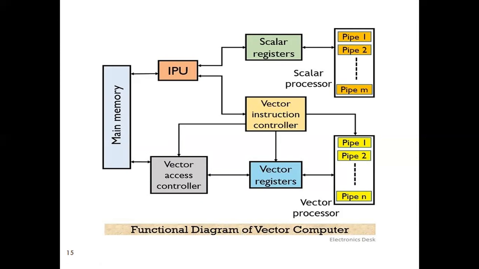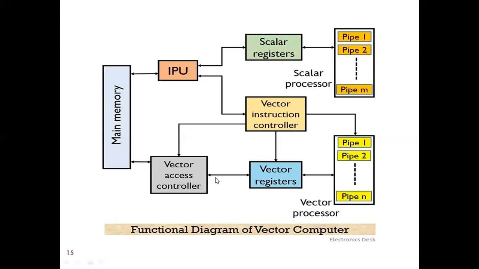Then it gives a signal to the vector access controller about the demand of the respective operand. This vector access controller then fetches the desired operand from the memory.